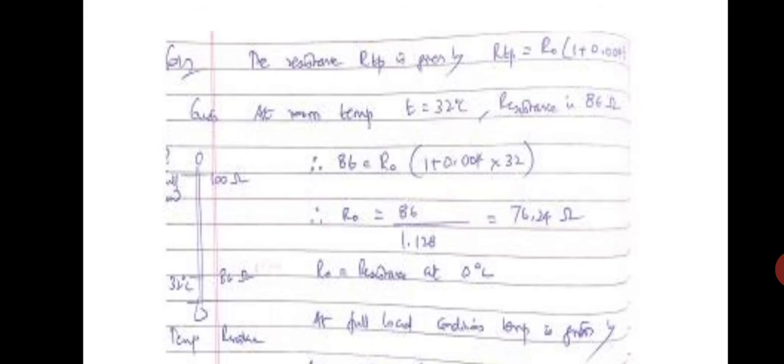The resistance at full load is given as 100 ohms. So substituting these two values of RT and R naught in the equation, we get 100 is equal to 76.24 in bracket 1 plus 0.004 into T. So here we have to find T. 100 divided by 76.24 is equal to 1 plus 0.004 T.